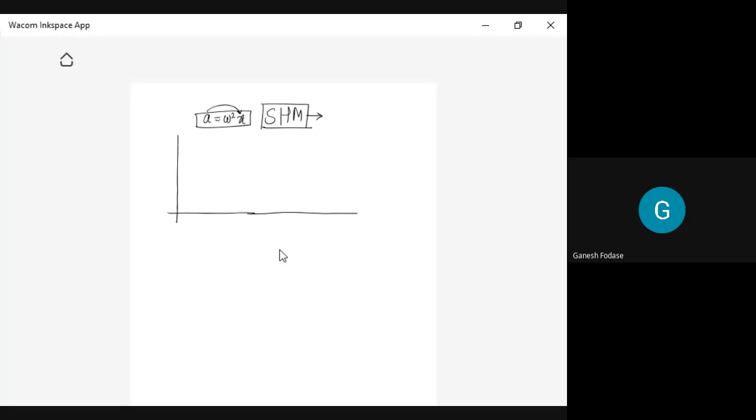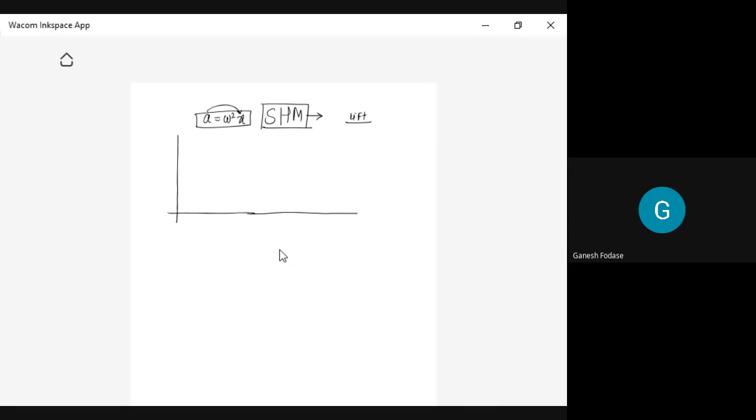So remember, in a given problem, the follower displacement is given to you. So we need to draw a semicircle on the y-axis, and the diameter of that semicircle is equal to the lift of the follower. In a numerical, the lift of the follower is given to you. Lift means follower displacement. You have to draw a semicircle of diameter equal to lift.